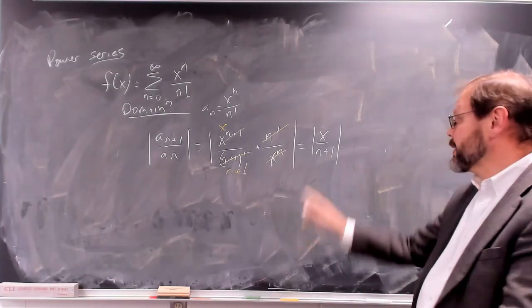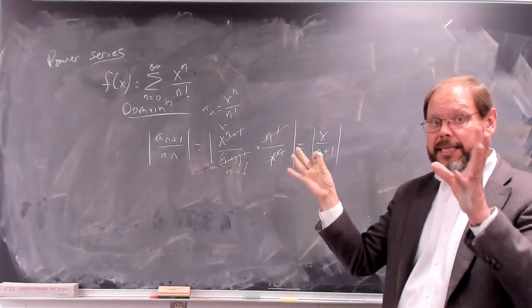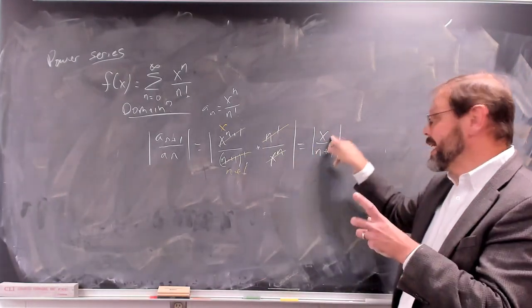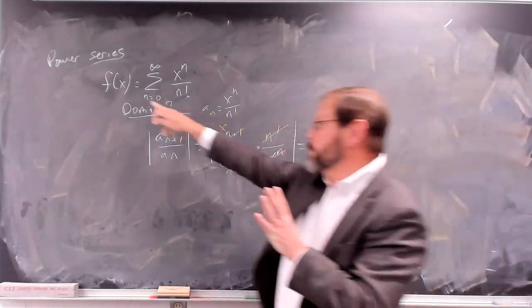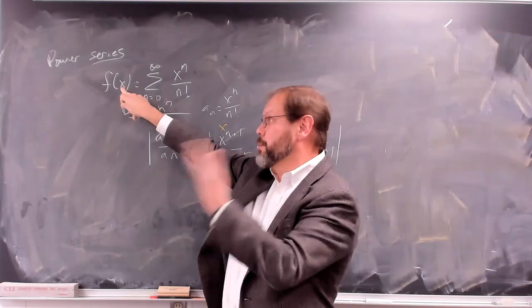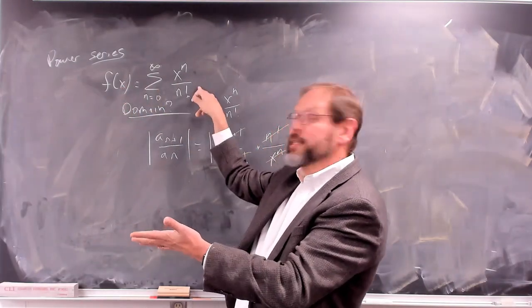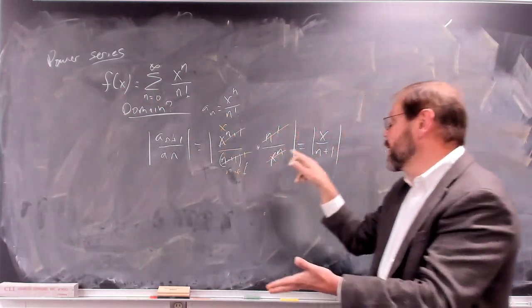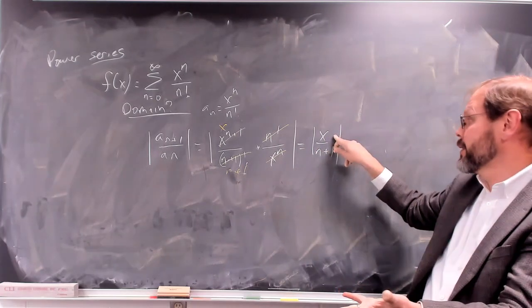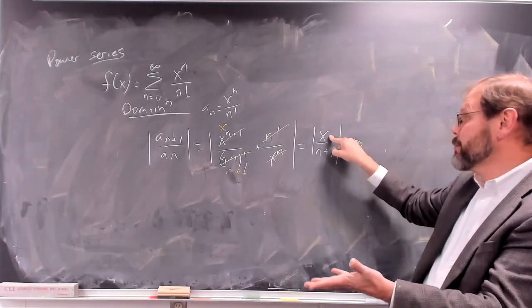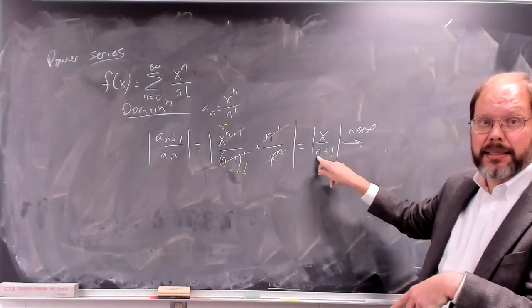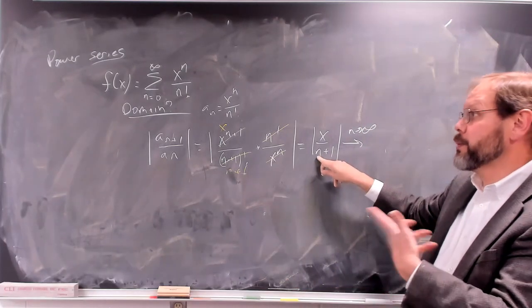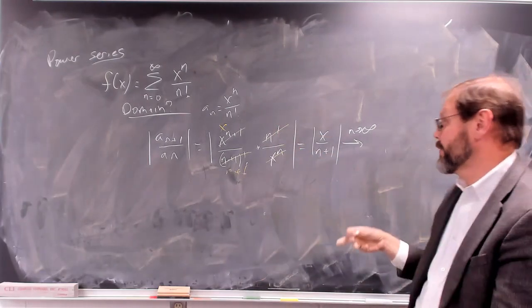Whatever x is, regardless of how big it is, how small it is, it is a number, and it is a fixed number. Remember, the question is, what numbers can I plug into this function? So I'm going to plug a number into this function so that this rule makes sense. But now, whatever number it's going to be, I'm going to let n go up to infinity, because I really want to know what's happening for large values of n.